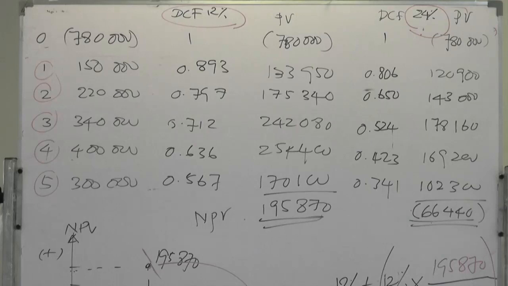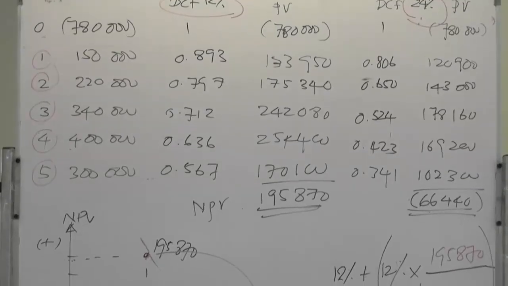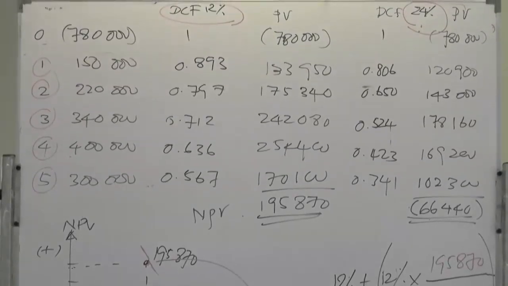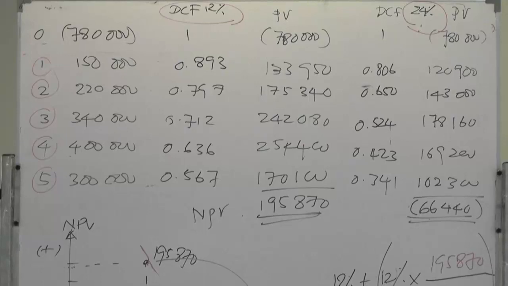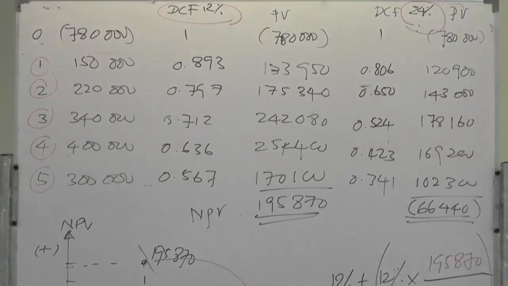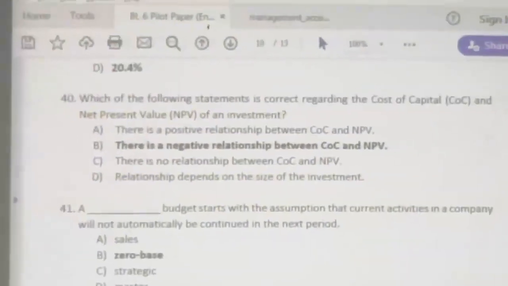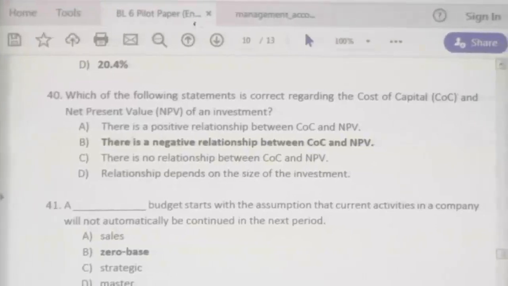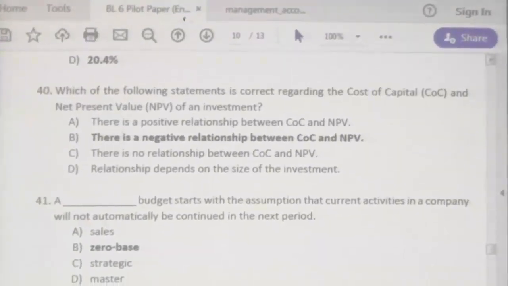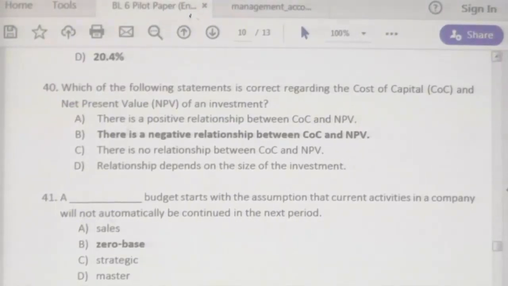It is clearly appearing on the board, right? When the rate increased from 12 to 24, NPV reduced from 195,000 to minus 66,000. Therefore, it is a negative relationship. Moving again to the computer screen, we can see that there is a negative relationship between cost of capital and NPV.